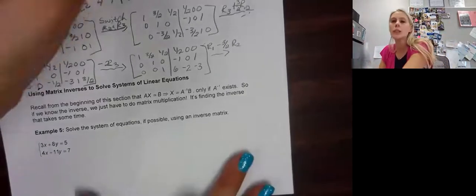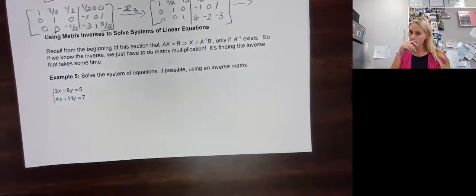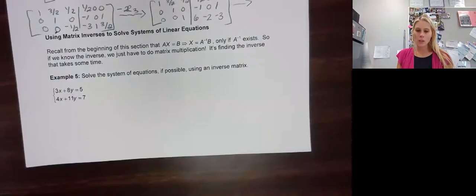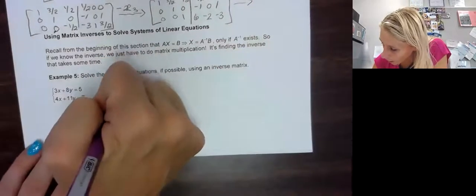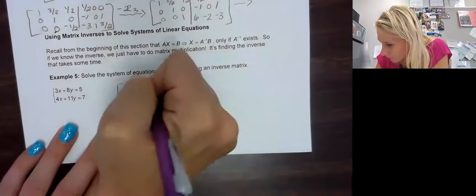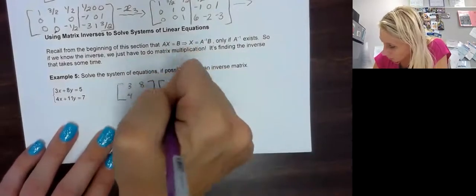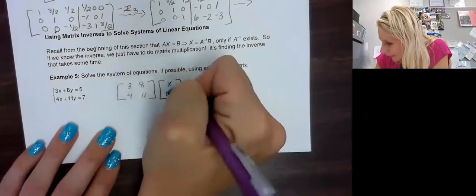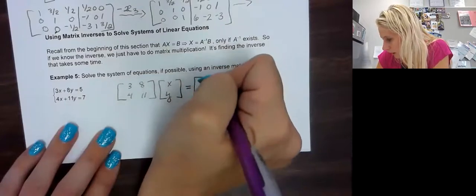Now we're going to use this idea of the inverse matrix to solve for our unknowns, okay? We want to use the inverse matrix if we are given one. If we have our coefficient matrix 3, 8, 4, 11, and we multiply it by our variables x, y, we need to get 5, 7, which is our solution.